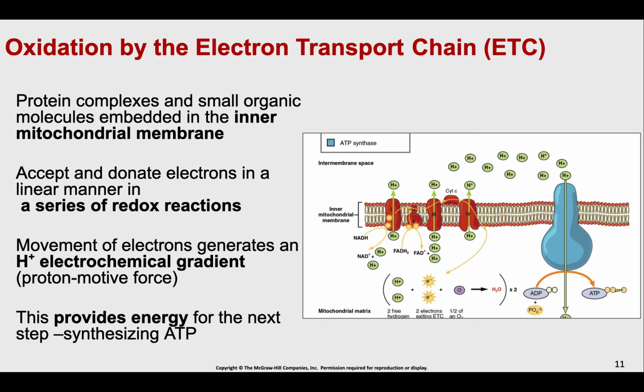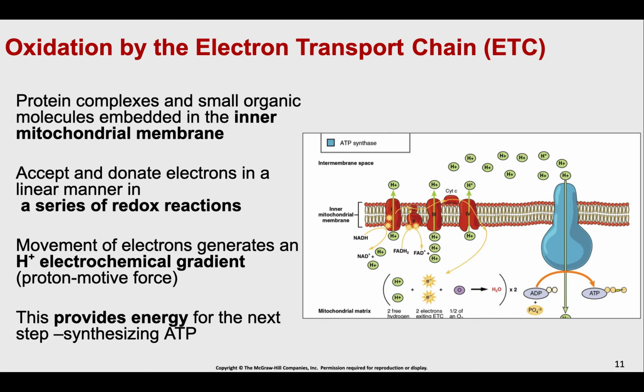Again, this is far more complicated than what we're going to discuss, but essentially these electrons are being taken off NADH and FADH2, and they're going through redox reactions where those electrons are getting shuffled to more and more electronegative atoms. The result is that they end up being accepted by oxygen, which is the most electronegative atom that they're going to encounter.